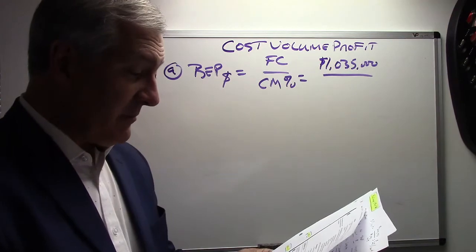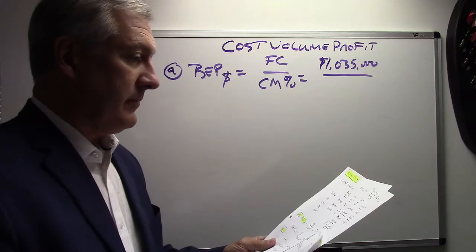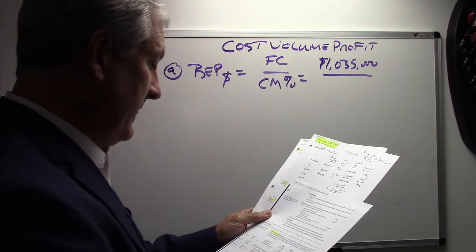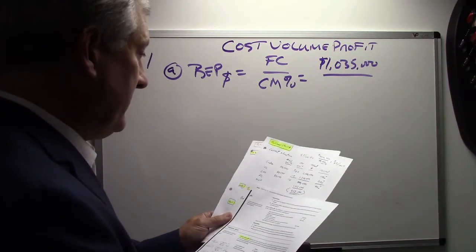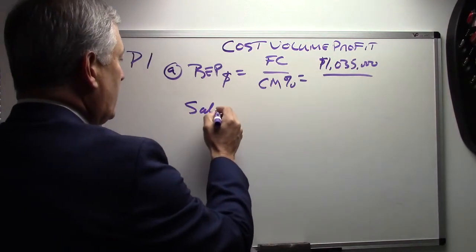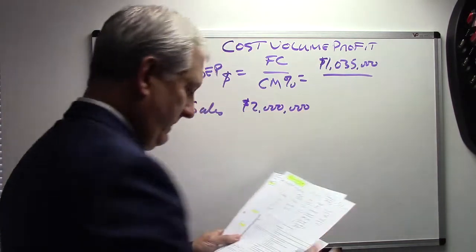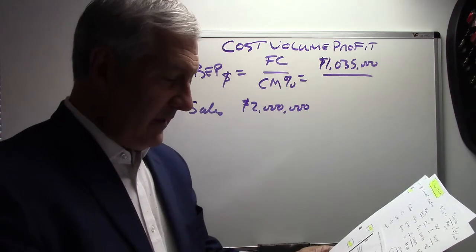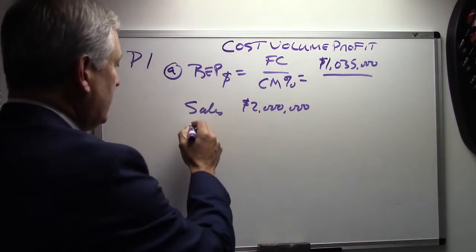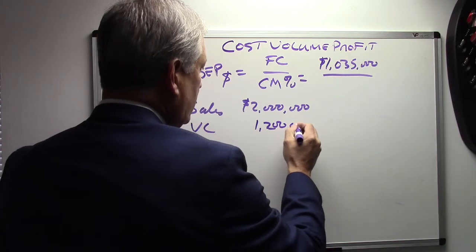The contribution margin percentage would be the total contribution margin. And this gets a little complicated. So remember, it's going to be sales. And they said sales were $2 million. And then what are the variable costs? Well, the variable costs, they said, are $1,200,000.